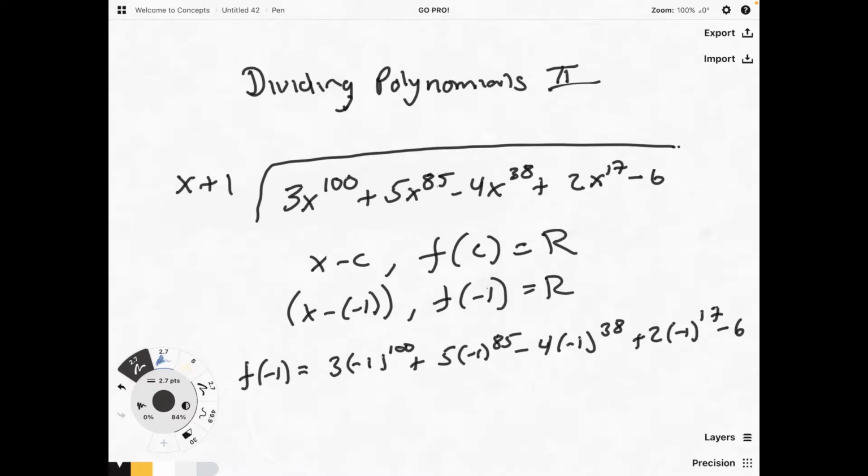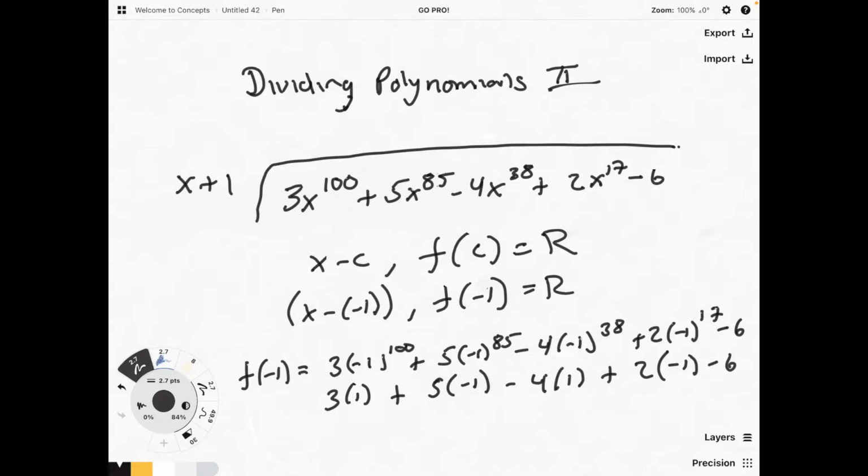We know that negative 1 times negative 1 gives us a positive, so any even number that we're raising this negative to will turn it into a positive, and any odd number that we're raising it to will keep it as a negative. Because of that, this is going to be 3 times 1, plus, that's an odd, so 5 times negative 1, minus 4, that's an even, so that's going to be 1, plus 2 times, and that is an odd, so negative 1, minus 6.